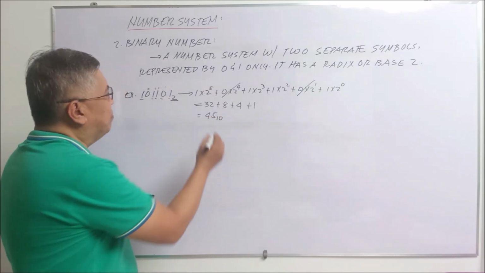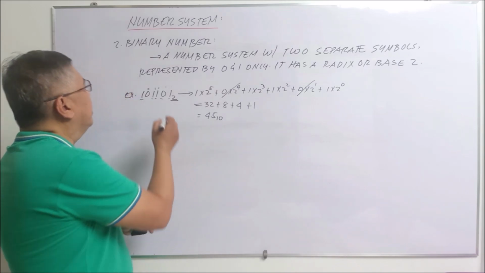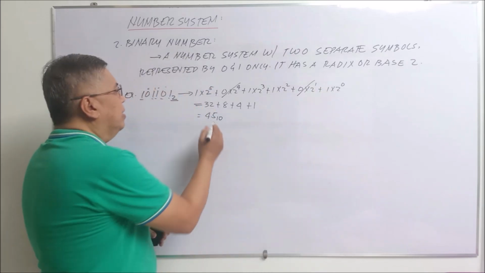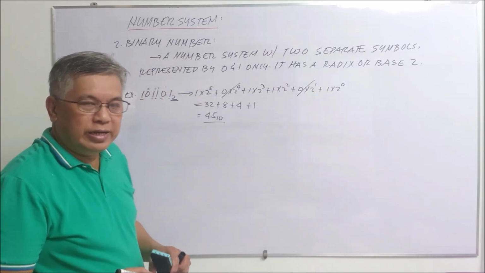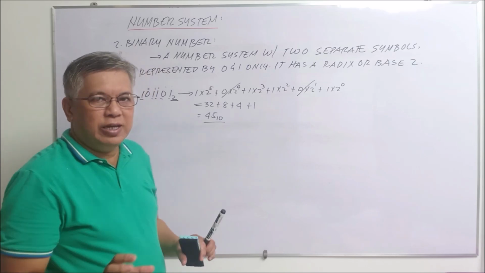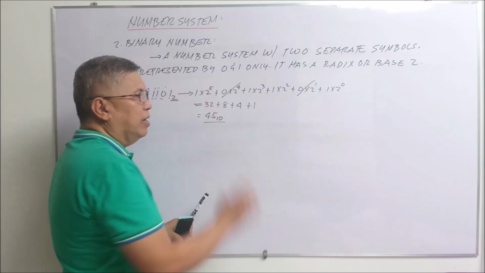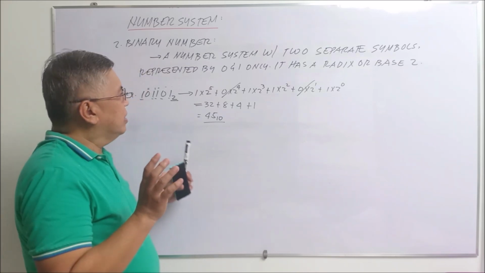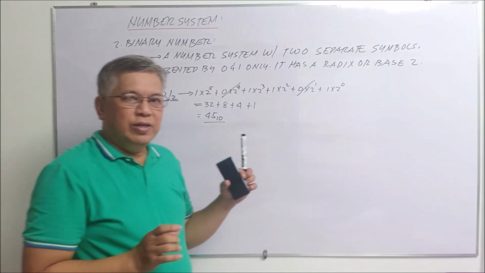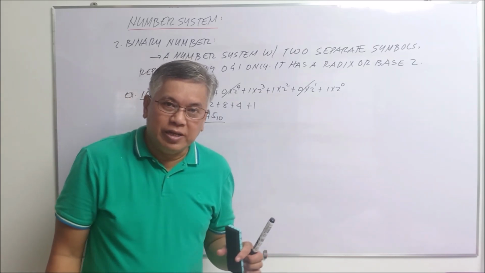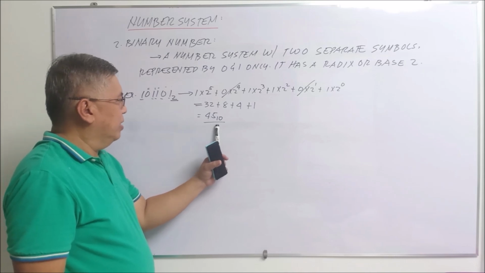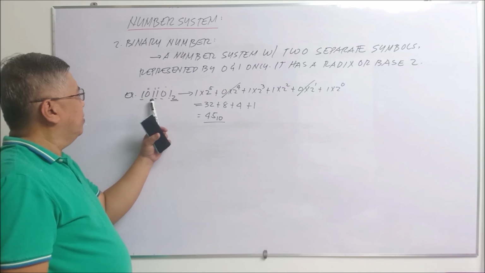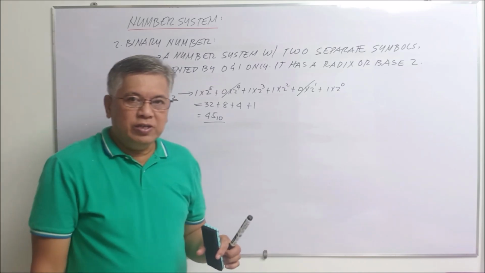So this is not base 2, but base 10. In other words, any number system, once positional notation is obtained, becomes base 10. Why? Because base 10 in positional notation is used as your reference number system. That is why 45 of base 10 is equivalent to 101101 of base 2.